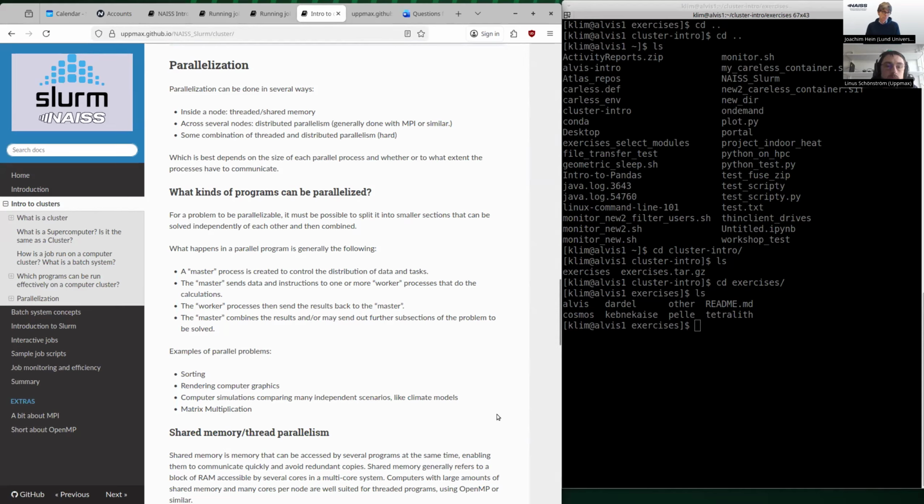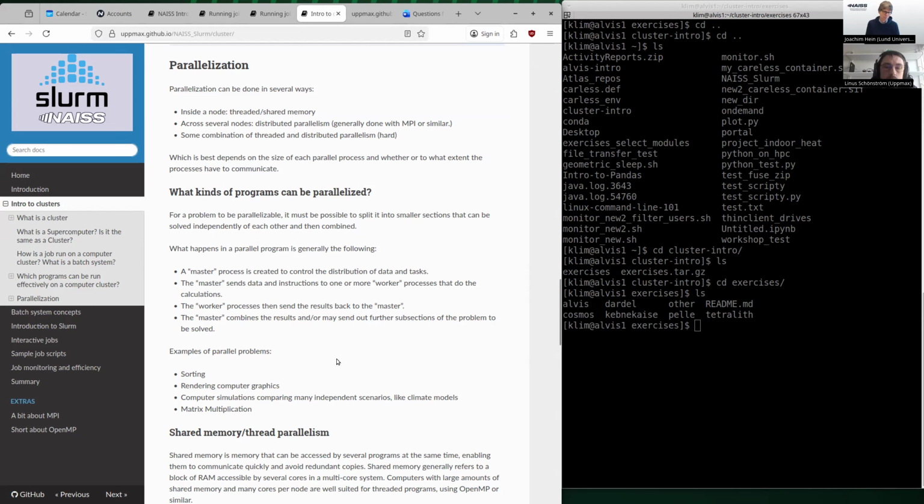Or you can run these parallel tasks over several nodes. We call it distributed parallelism, and it's suitable for MPI programs. The third way is that you can combine both at once. How does that work?